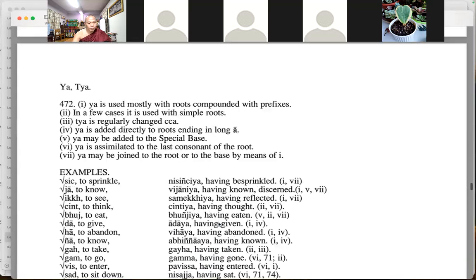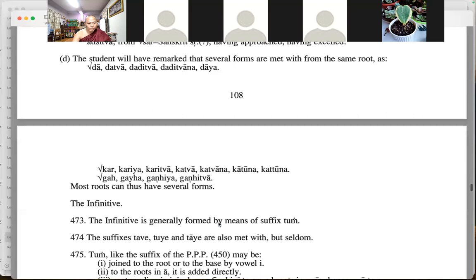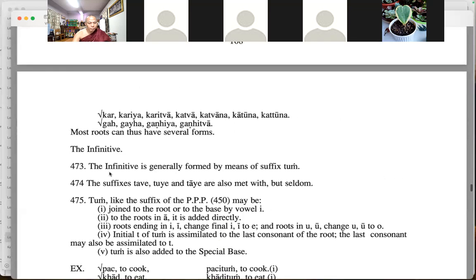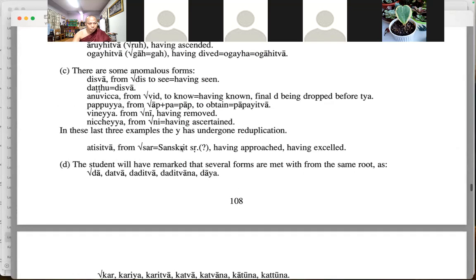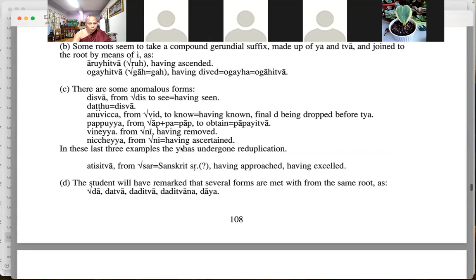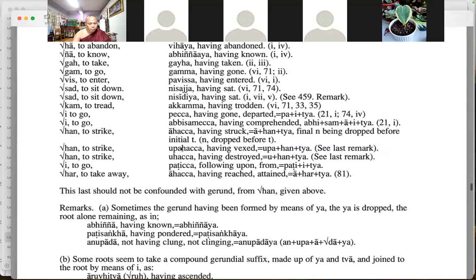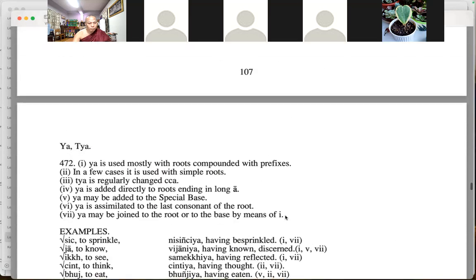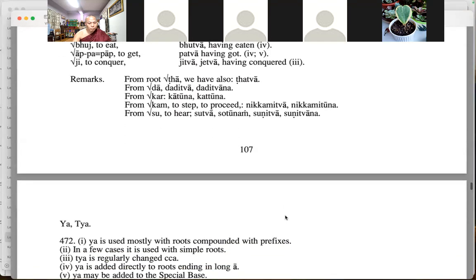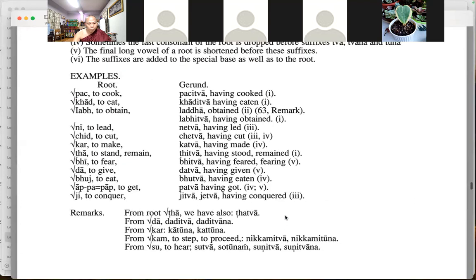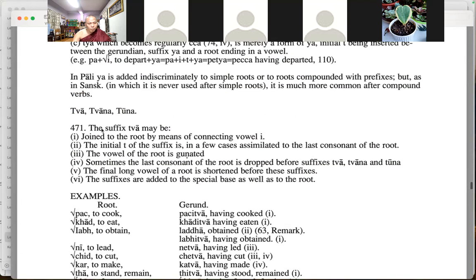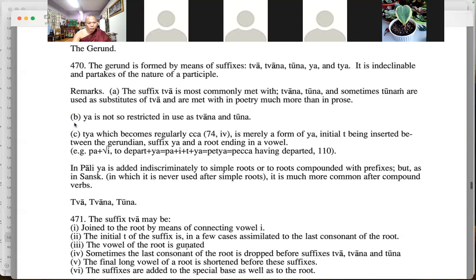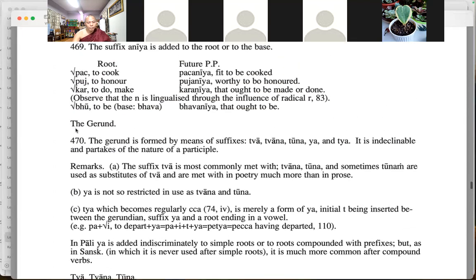Yeah, 470. Now, yeah, so here you see the gerund.